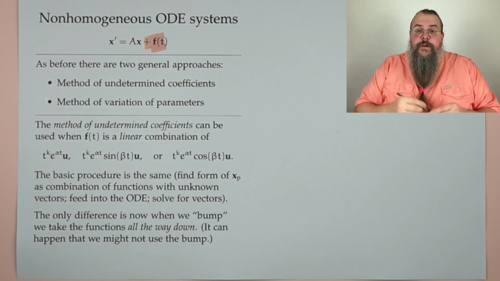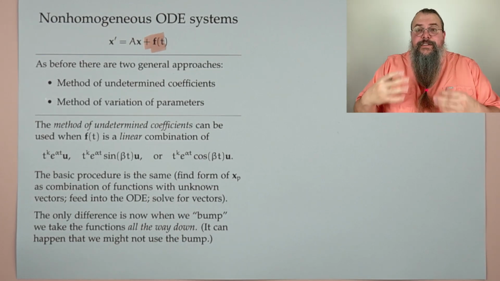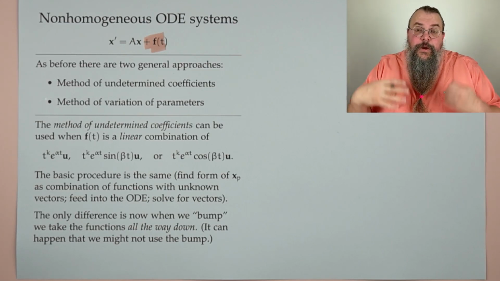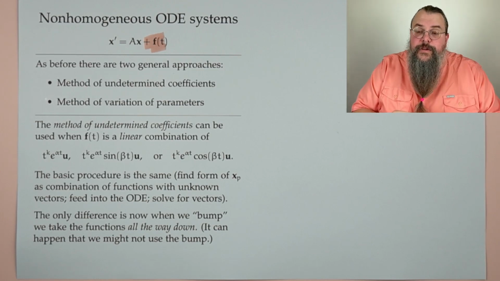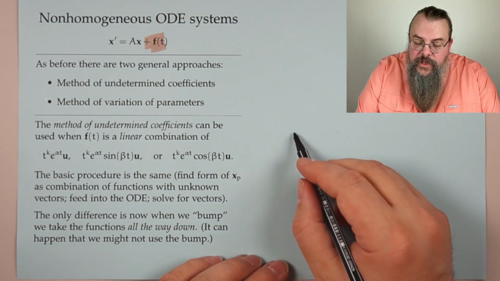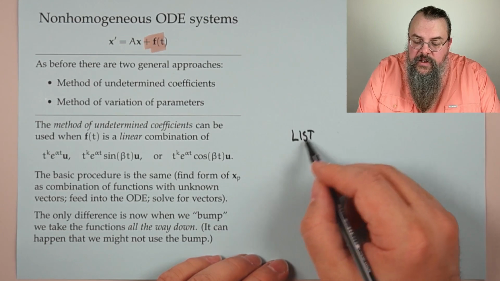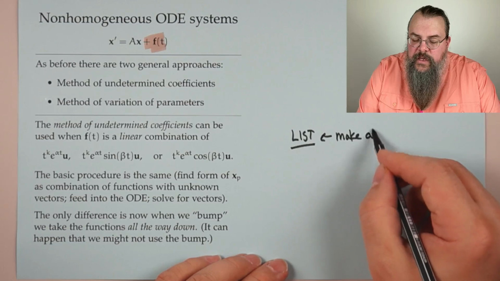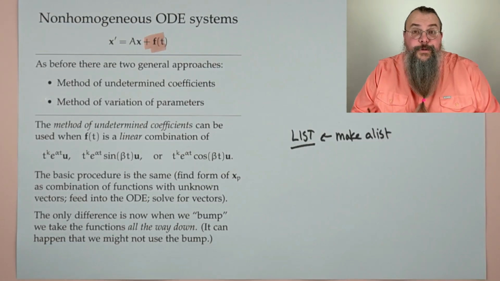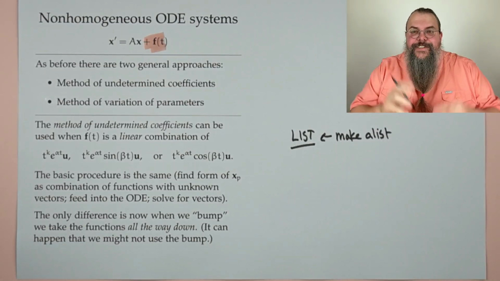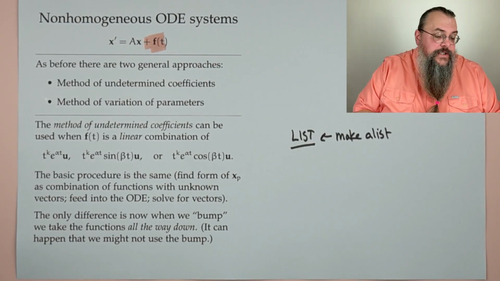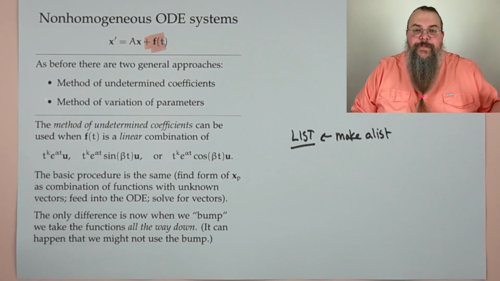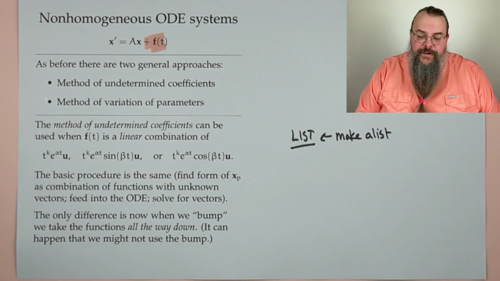These are the kinds of things that show up as solutions. That's still the case. So we're making a list, checking it twice, right? That's the song. We're going to find out which functions are nice to include in our form so that we get the right answer.